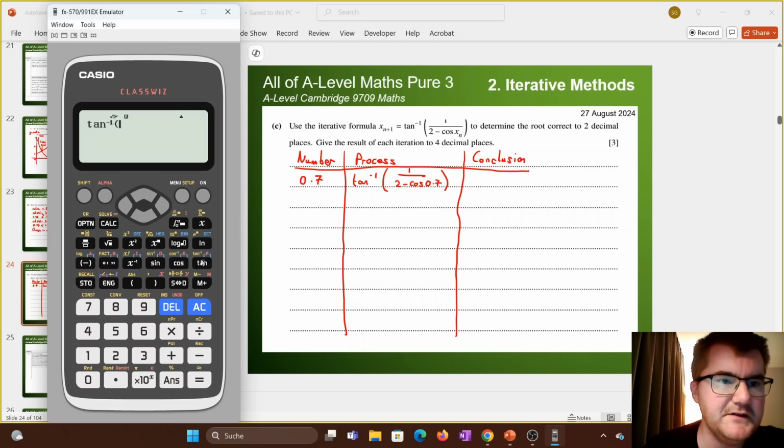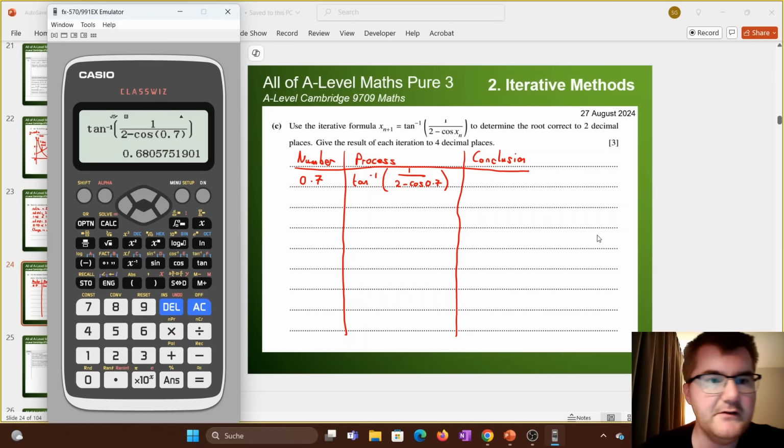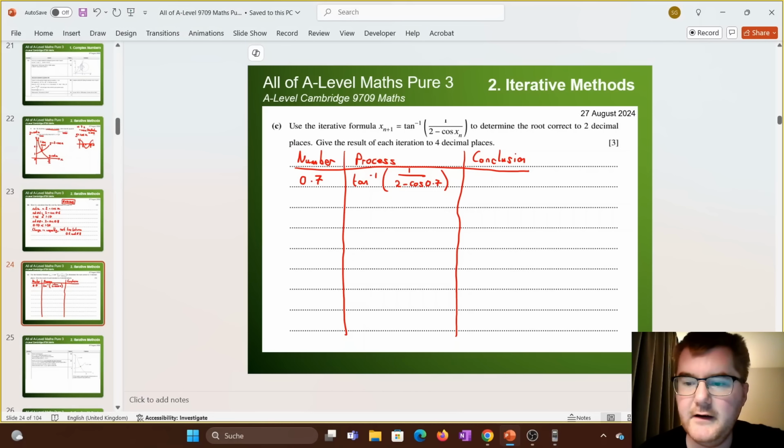So we've got shift tan inverse, the fraction button, 1 over 2 minus cosine of 0.7, two lots of brackets, and we get 0.6805.